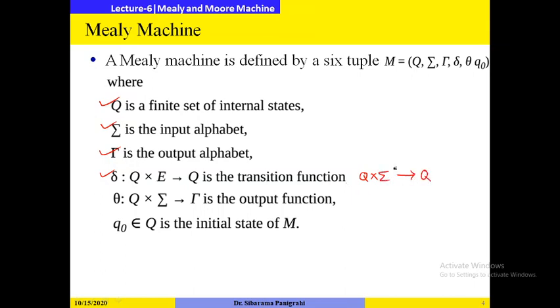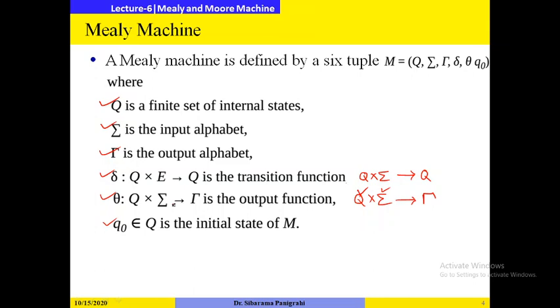This is similar to a finite automaton. Another one is the output function. As in a Mealy machine, the output depends on the present state and current input: a state, by taking an input, produces some output. And Q0 is the initial state.